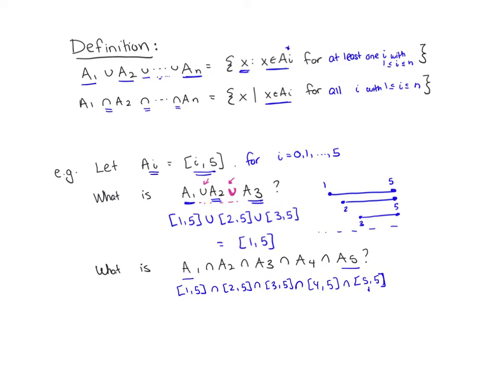This is just going to be x less than or equal to 5, less than or equal to 5. So that intersection is the set containing 5, because that's the only element that's in each one of these, because that's the only element that's in this last one, which happens to be the smallest. So by using this index set, it just allows us to talk about much more general sets.